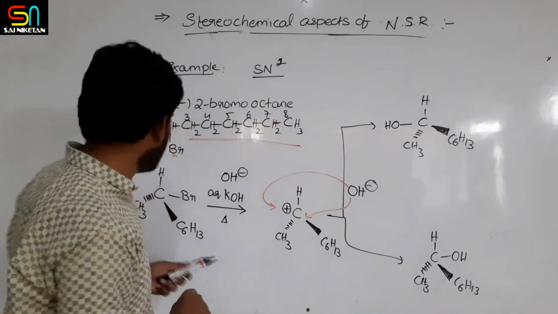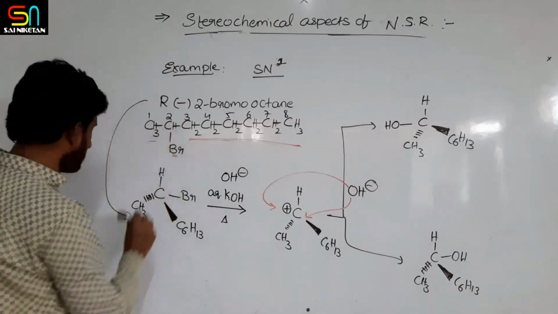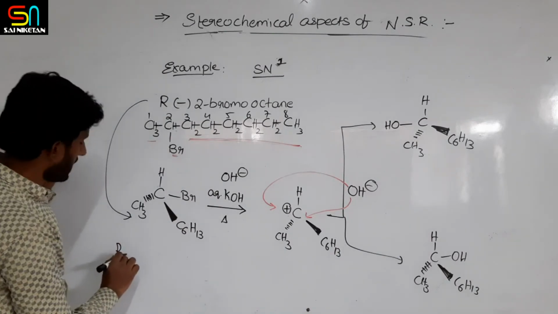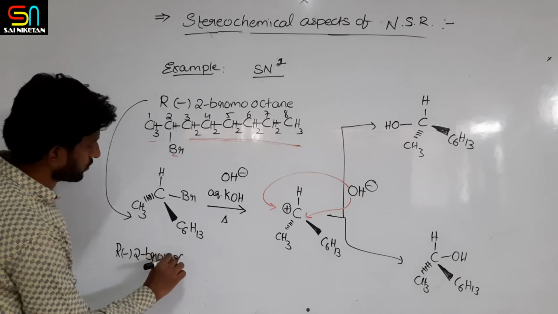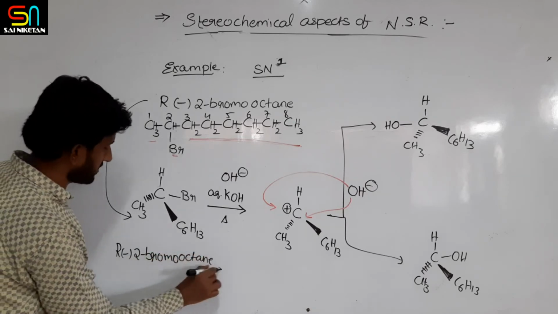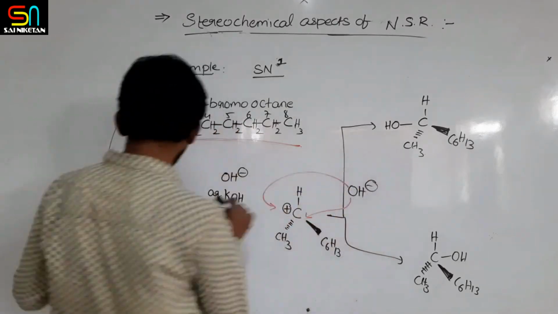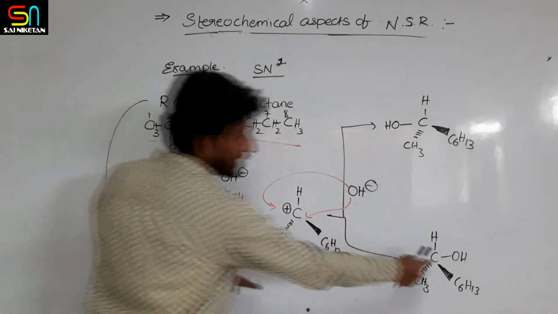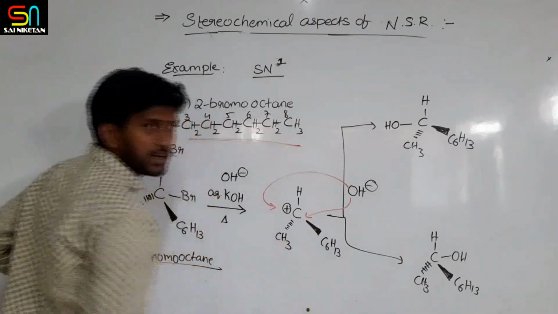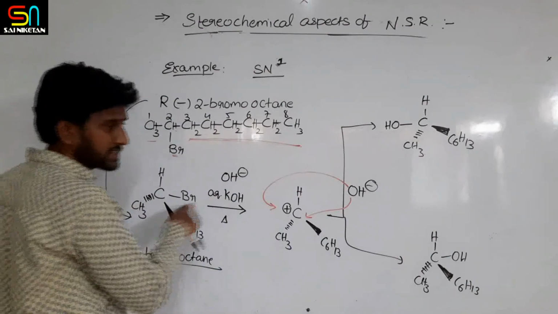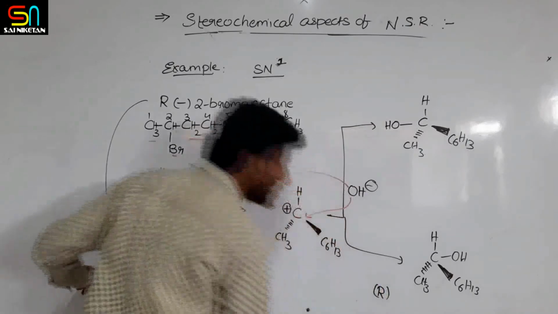Now what about the nature or the names of those products? You have started with R minus 2-bromo octane. Then the products: here you see bromine is right side, here OH is right side. If this is R, this must also be R, because bromine right side, OH right side. That means what is the name of this compound? It will be R only.